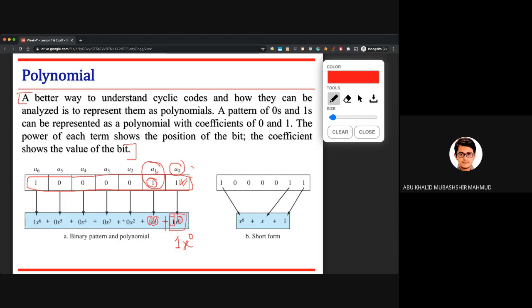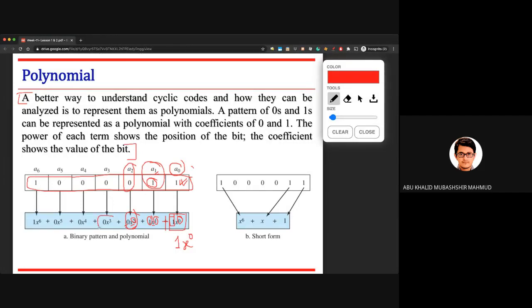So this is the long form. For the third bit, the power for that binary bit position is 2. That's why the power of x is 2 and the coefficient is 0. So we get the total representation of this bit.